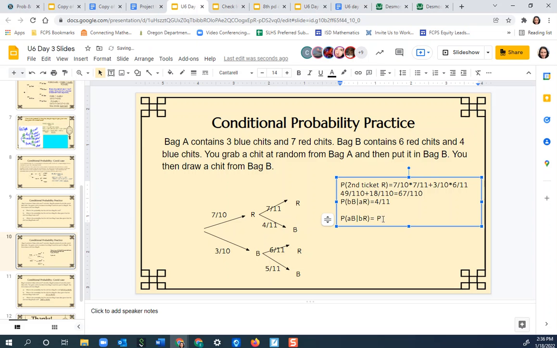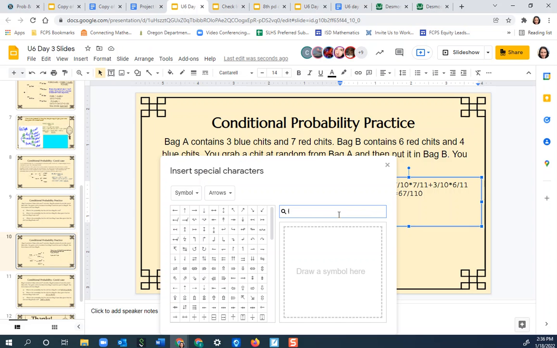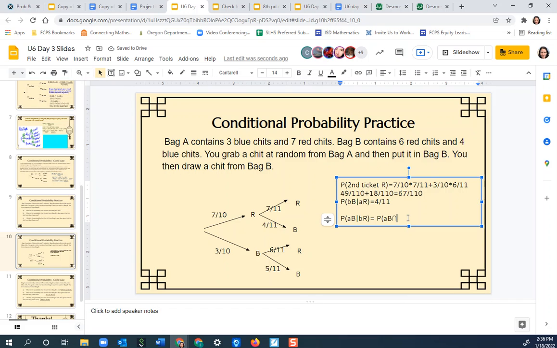So I'm going to do the probability that they both happen. A is blue, intersect. That's over here under insert, special characters, and you can just do intersect. Intersect B is red. Divided by the probability the second thing happens. B is red.